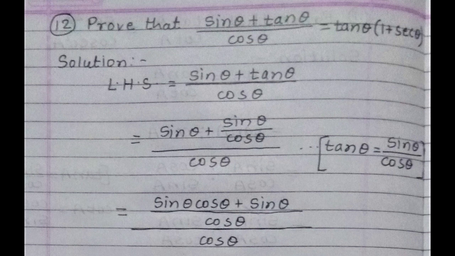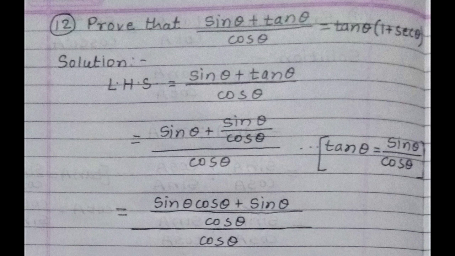Question number 12. Again, prove that sin theta plus tan theta upon cos theta is equal to tan theta in bracket 1 plus sec theta. LHS: sin theta plus tan theta upon cos theta. Now, you know that tan theta is equal to sin theta upon cos theta.